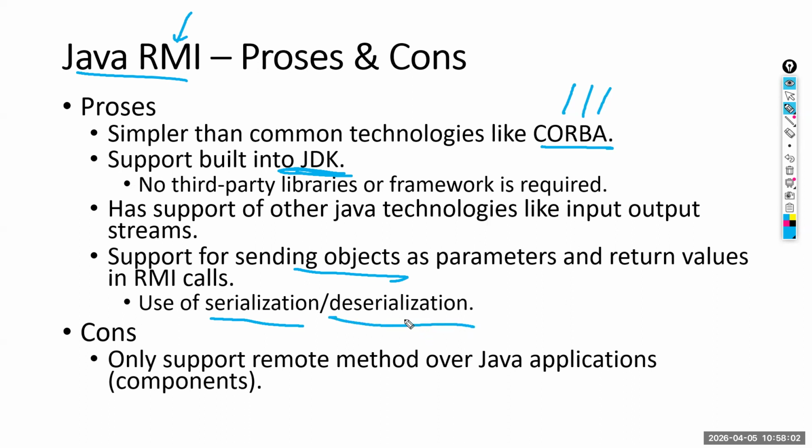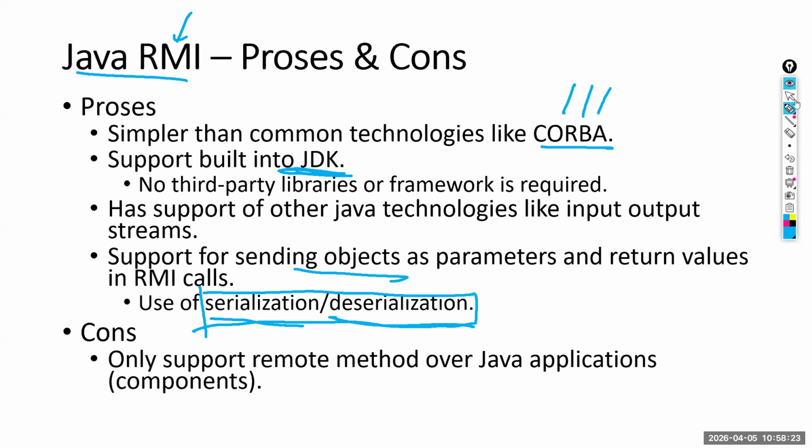So serialization, deserialization. We discussed serialization and deserialization under file handling in Java, in semester one, right? That is how the objects are serialized and sent, and when you receive an object, you can deserialize.